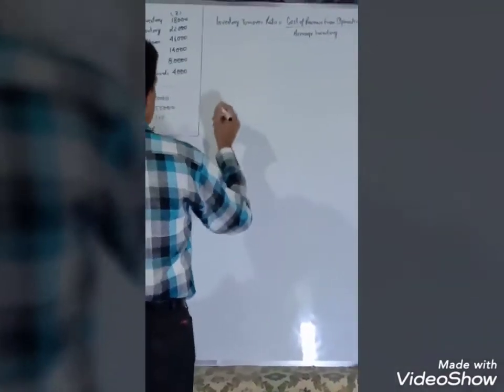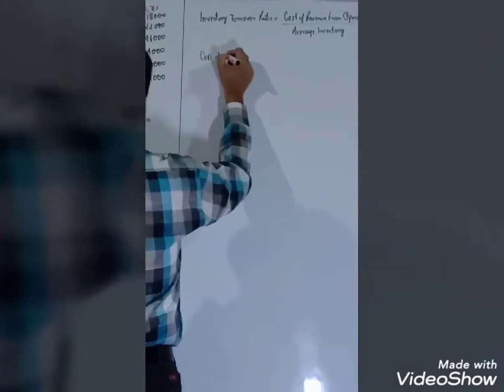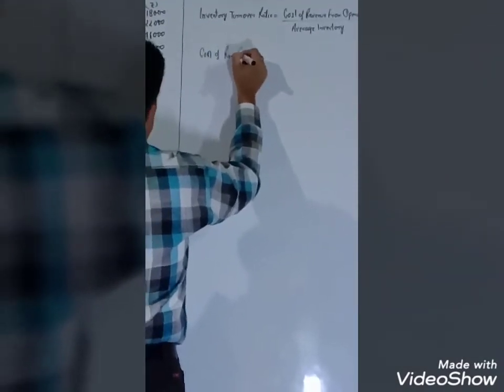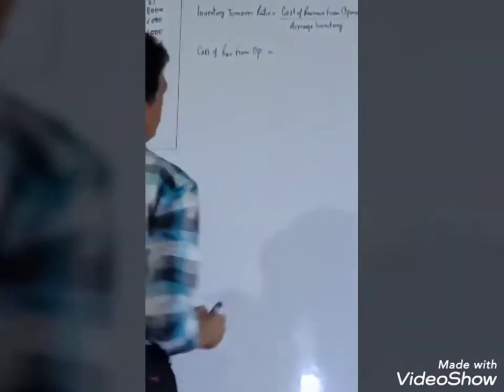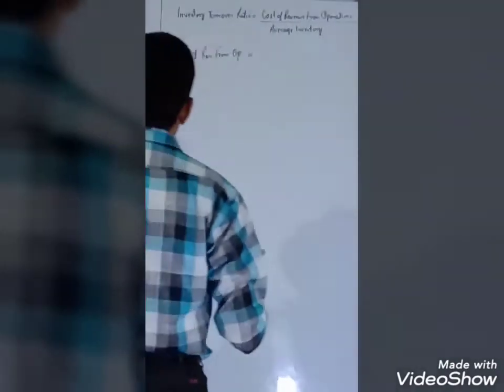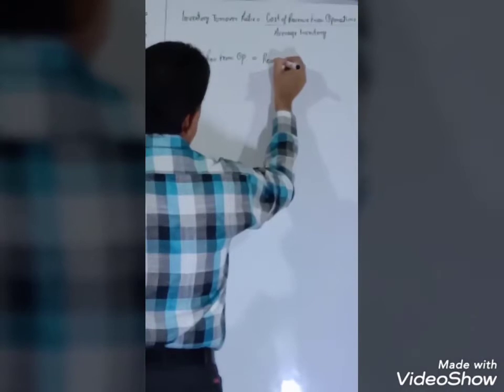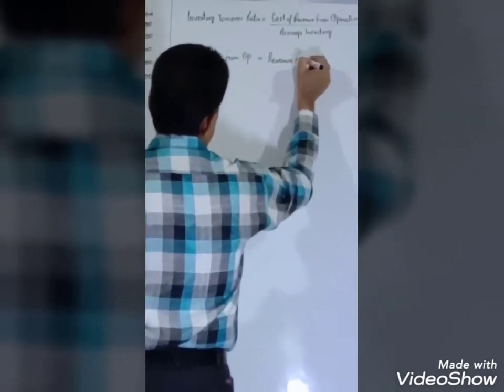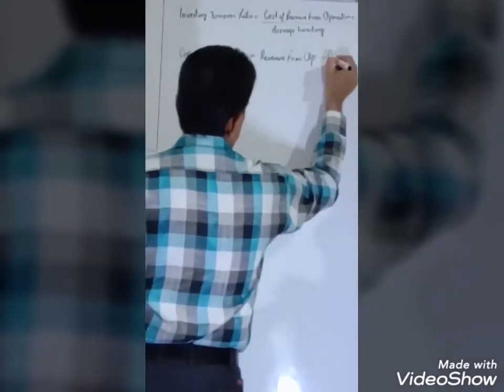For the calculation of cost of revenue from operations, we will use another formula. Another formula is revenue from operations minus gross profit.